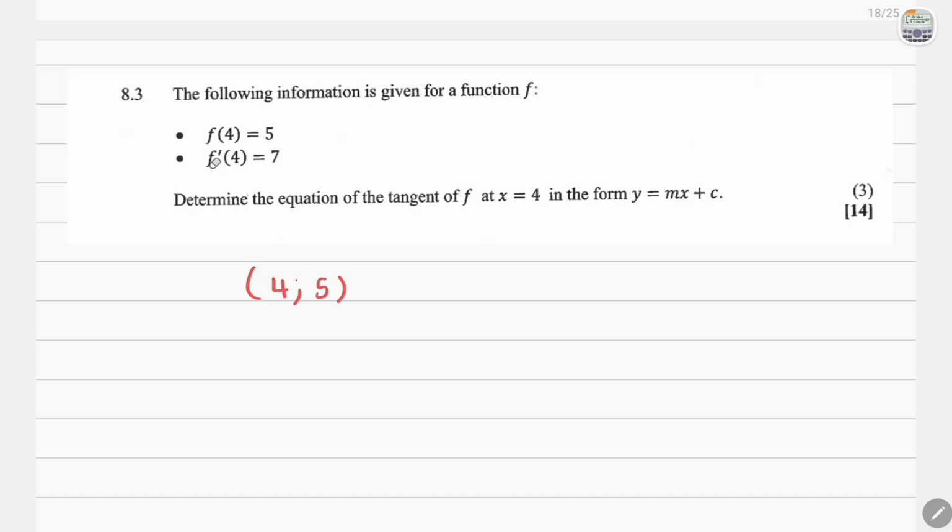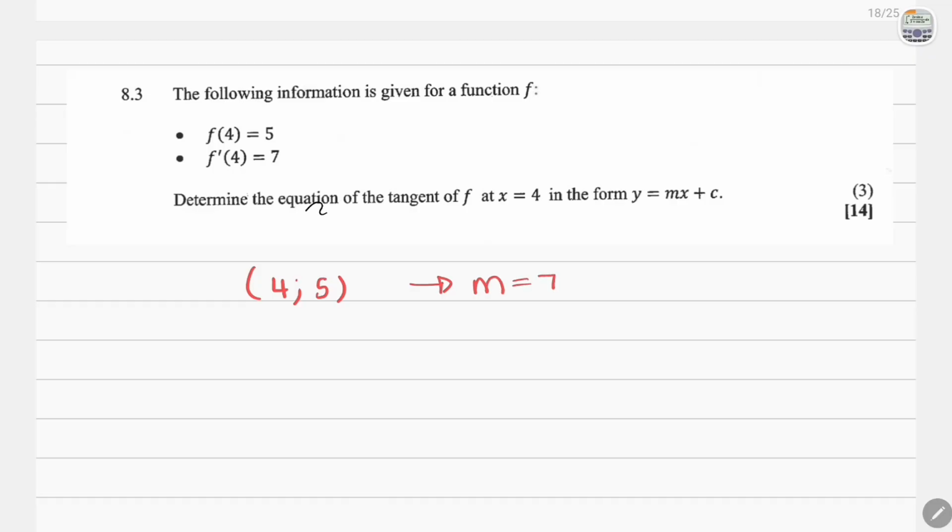And then we have f prime of 4 is equal to 7. What that means is f prime means gradient. So this is the gradient of the graph of f at the point where x is equal to 4. That gradient is equal to 7.